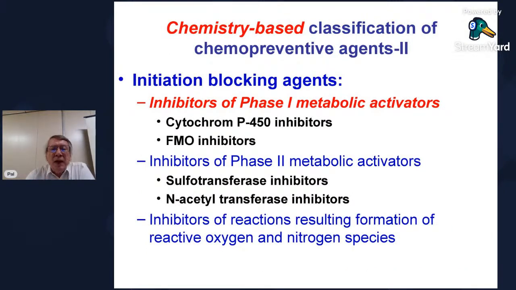As for the chemistry-based classification of the chemopreventive agents, among the initiation blocking agents, we can also mention the inhibitors of phase 1 metabolic activators, among them the cytochrome P450 inhibitors and the flavin monooxygenase inhibitors.